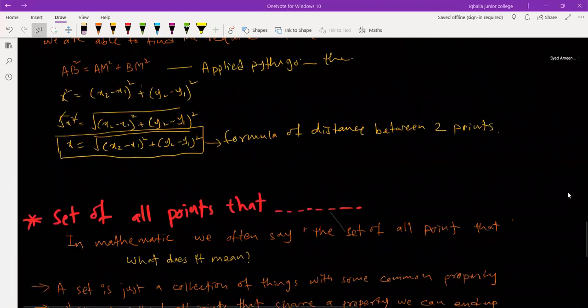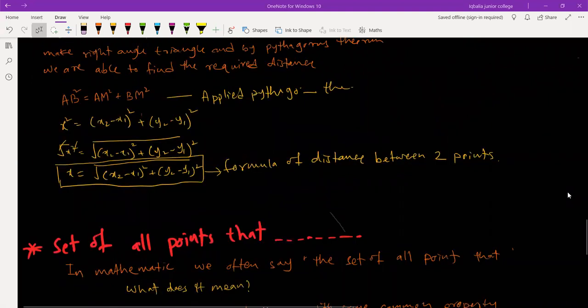Now we are going to see the set of all points. Can anybody tell me the meaning of set of all points? Normally in mathematics we often say the set of all points that, dash.